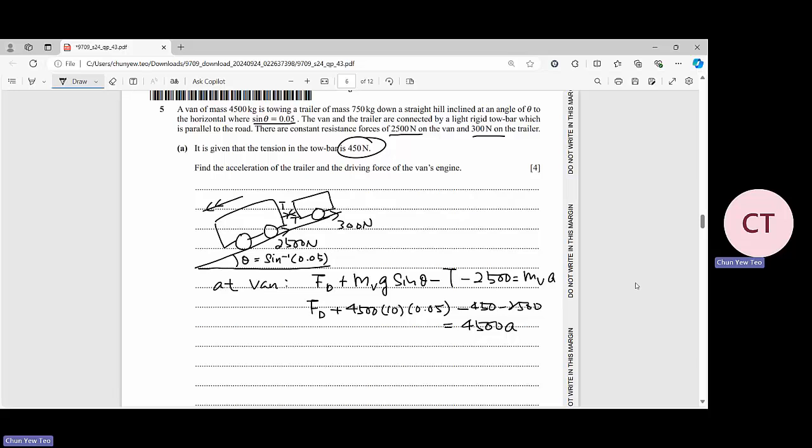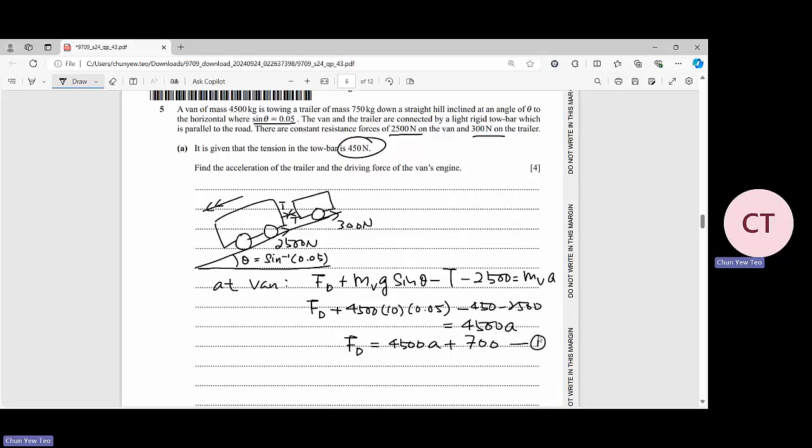Just simplify it. You will get the driving force equals 4,500a plus 700. So this is what we have for the first equation.